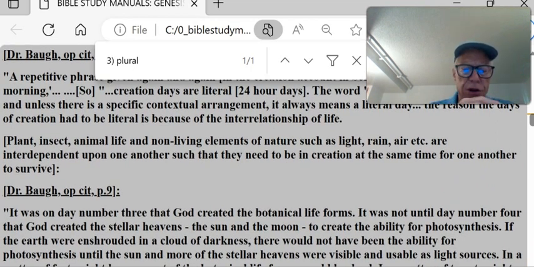You can't have animals living without food or protection. Plant, insect life, animal life, and non-living elements of nature, such as light, rain, air, and so on, are interdependent upon one another such that they need to be in creation at the same time for another to survive, so it can only be 24-hour days.